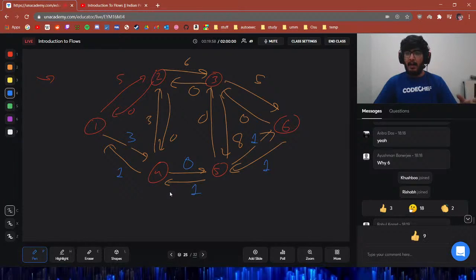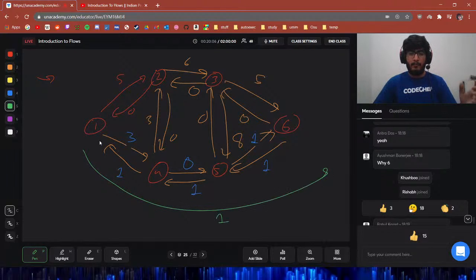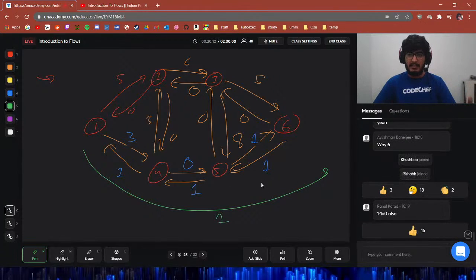Now the system looks like there is a one flow going from this system to this system, right? From 1 to 6 through this path. Now if I have to cancel these weights, if I'm saying, oh, in the optimal answer this one flow is not actually going to happen, I should cancel this, right?